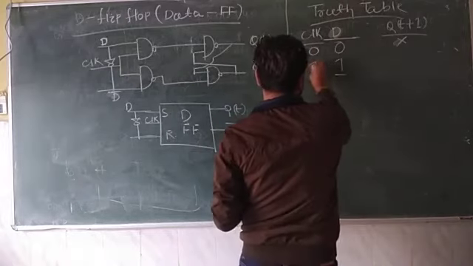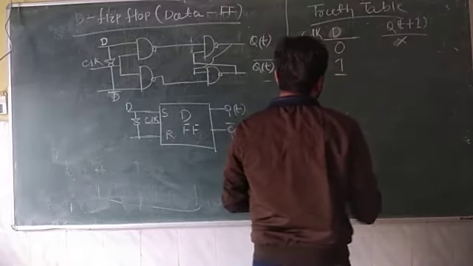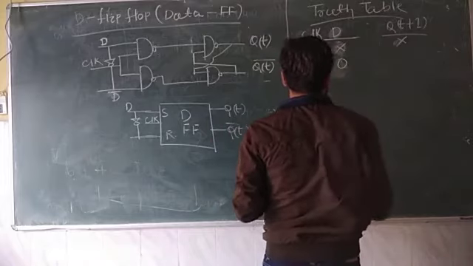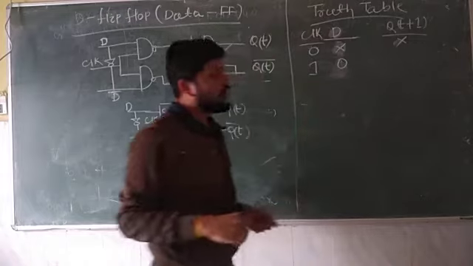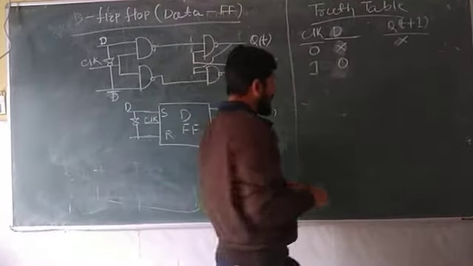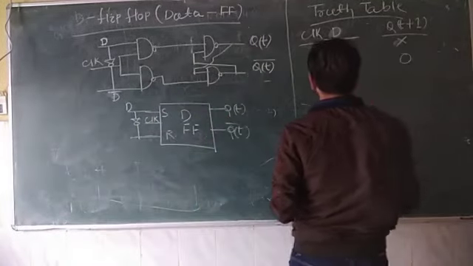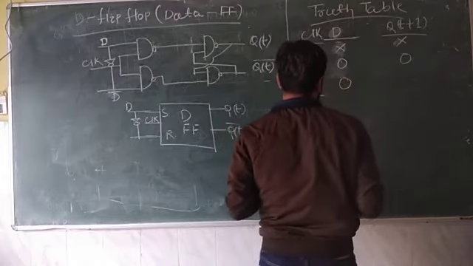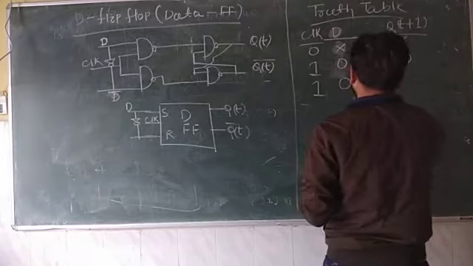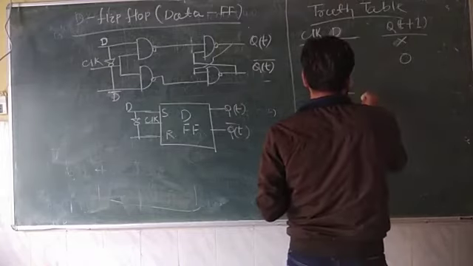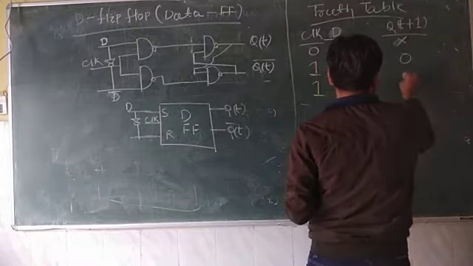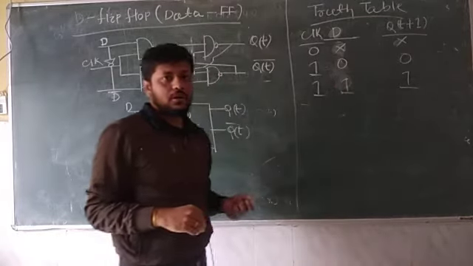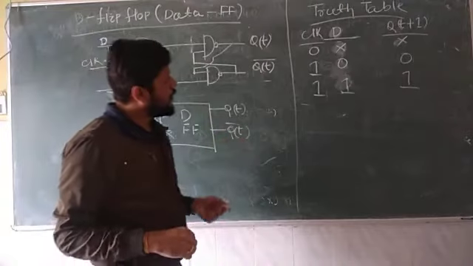When the clock is high and D is 0, QT plus 1 is equal to 0. When the clock is high and D is 1, then QT plus 1 is 1. So this is your truth table in case of your D flip flop.